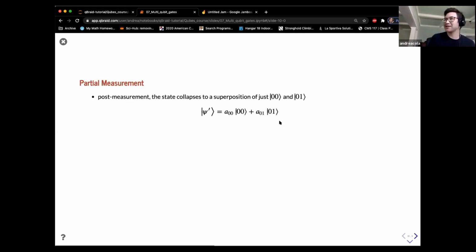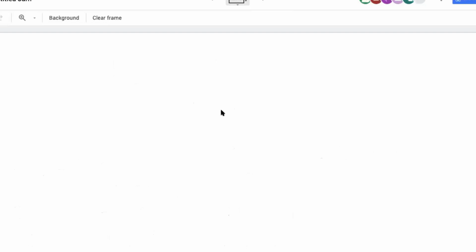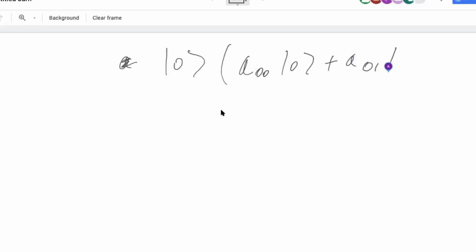So what you're suggesting is we should sort of write it like this, basically. 0, because we've already got it, times A0, 0, 0, plus A0, 1. No, you wouldn't use the ket notation because you've already collapsed that state. So it's now a classical bit, not a ket.